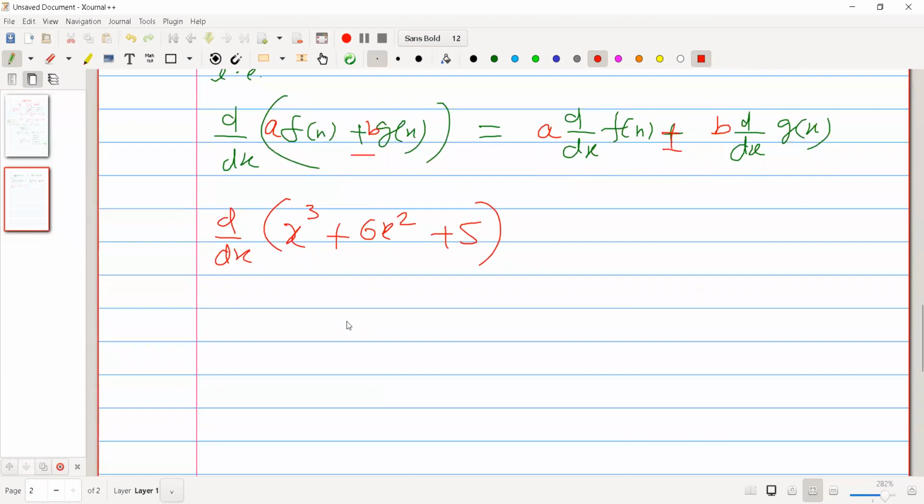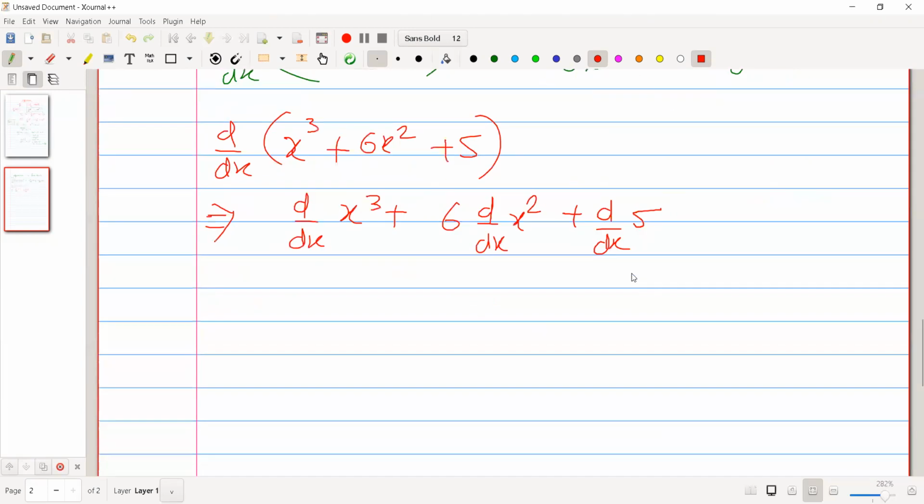Let us see what we will get here. Just apply it: d by dx of x cube plus 6 d by dx of x square plus d by dx of 5, right?